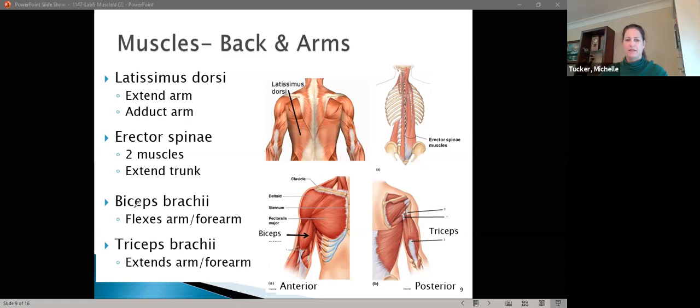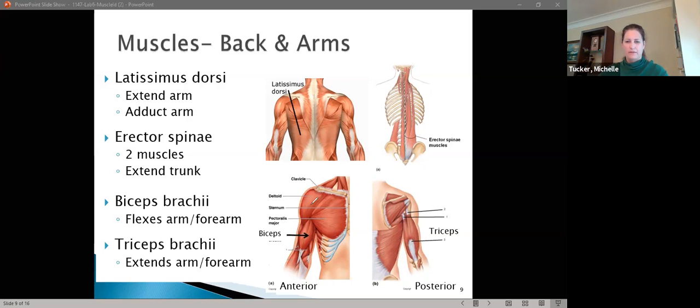Biceps brachii's main purpose is to flex the forearm, but it can also pull on the arm as well. Just keep in mind that both the shoulder and the elbow joint are on the same plane of movement. When they flex, they'll flex in the same plane. This becomes different when we talk about our lower leg.